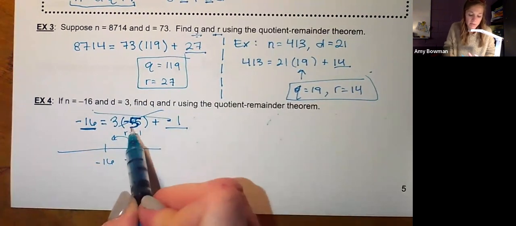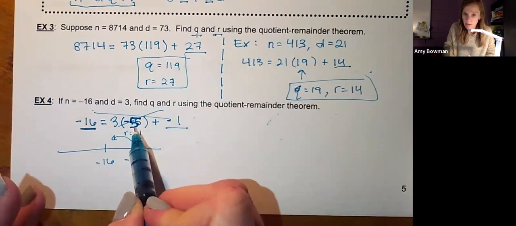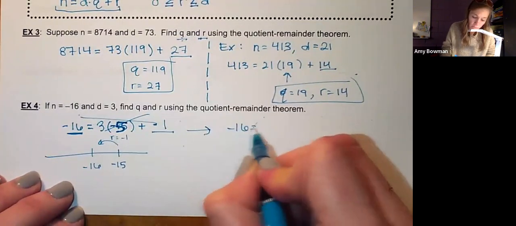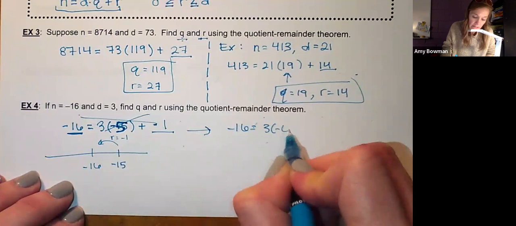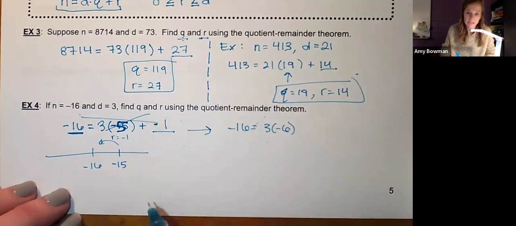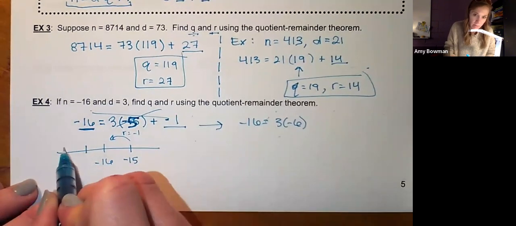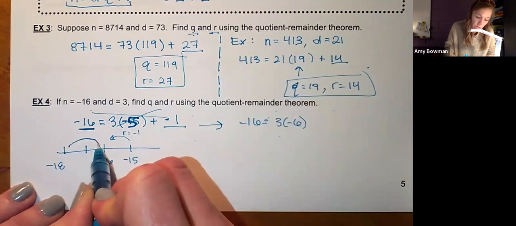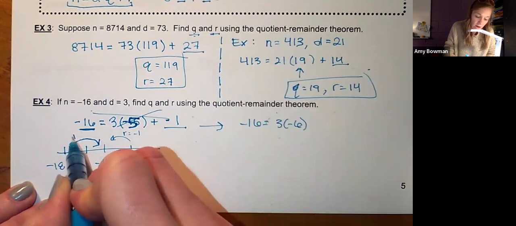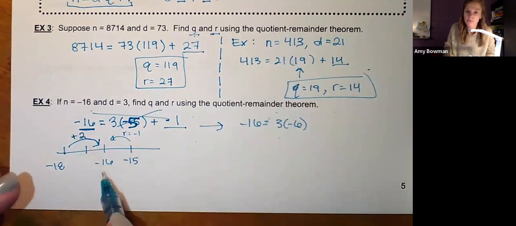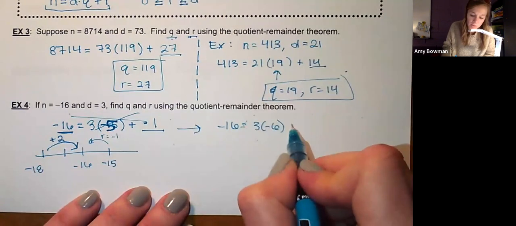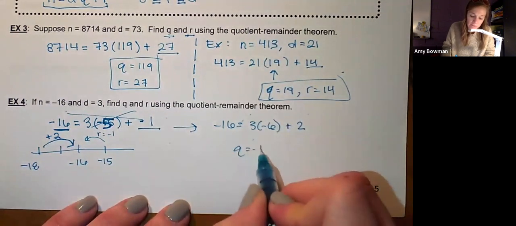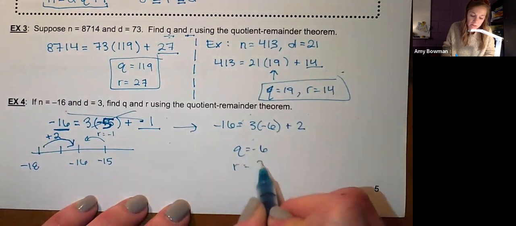So we have to go one more past negative 5. So we would have to do 3 times negative 6, which is negative 18. So then on the number line, we're back here. That way, when we go back to negative 16, our remainder of positive 2 works. So q is negative 6 and the remainder is 2 here.